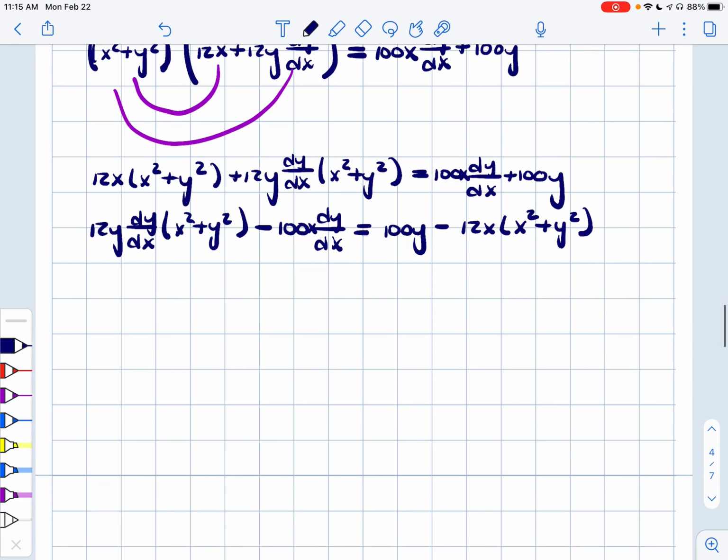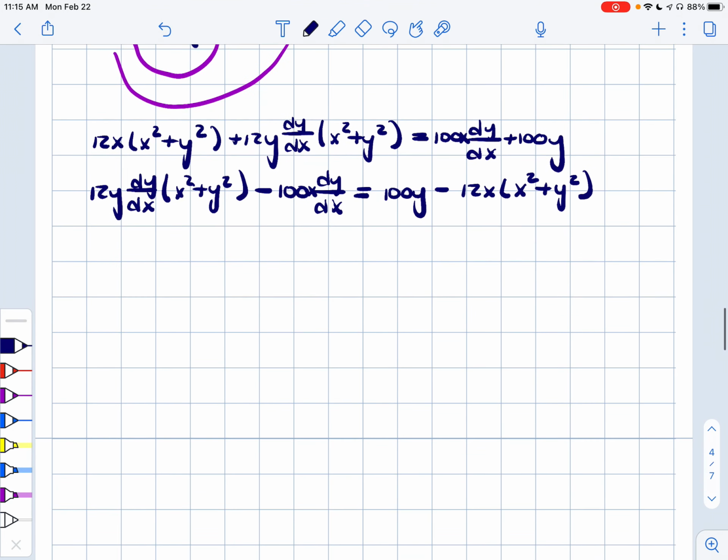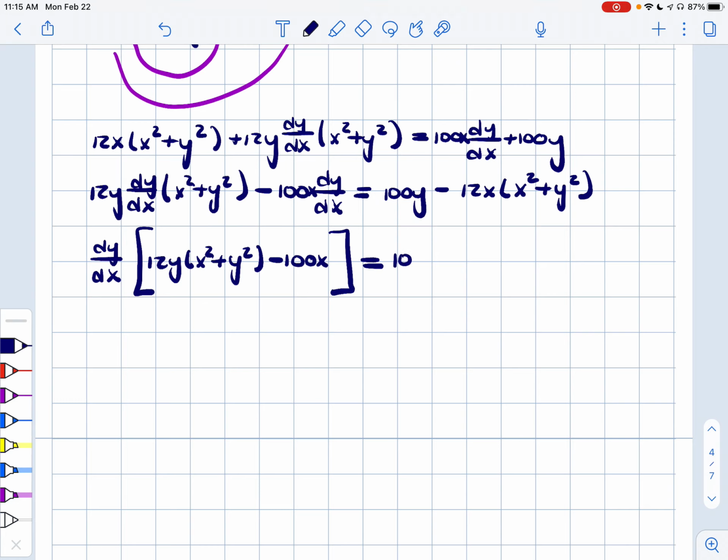Then on the left-hand side, we can pull out the dy dx from both terms, which is going to give us 12y times the quantity x squared plus y squared minus 100x. That's going to be equal to 100y minus 12x times the quantity x squared plus y squared.